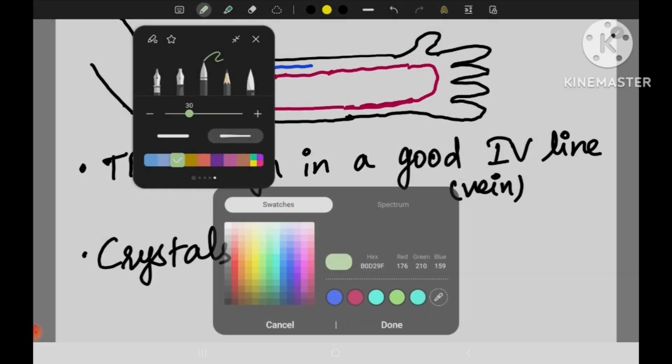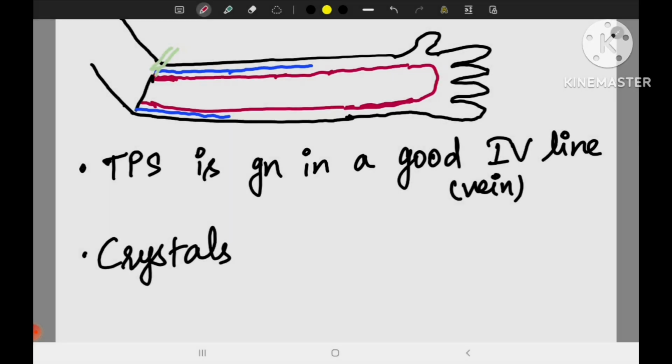Okay, so why? Because this hand is a limb, it's a periphery. The blood circulation in the hand is a periphery, it's an end organ, right? These are not end arteries. Remember, these are not end arteries. I didn't say end arteries, but like end organs, they have collateral circulation.